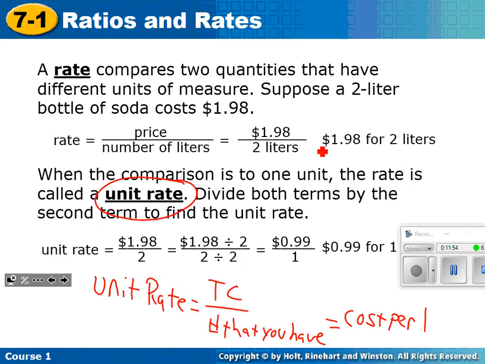If you want to find how much, let's say you went out to buy a 6-pack of soda, okay? You're going to buy a 6-pack of soda and the 6-pack costs $3, okay? You want to know how much each can of soda costs. What would you do using what I just told you? What would you do?